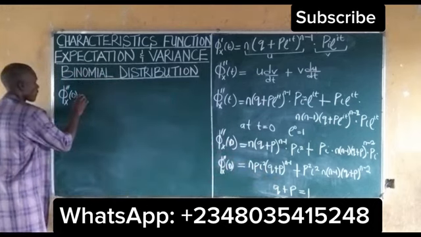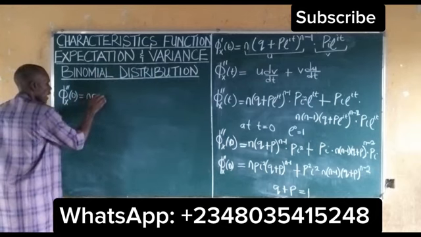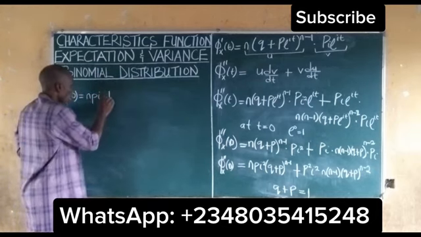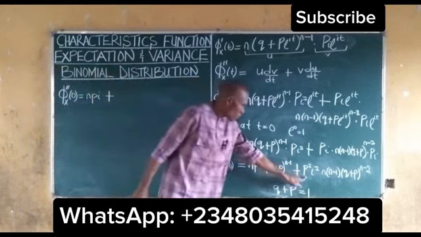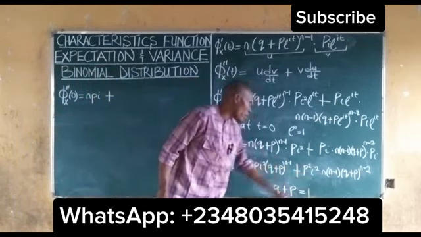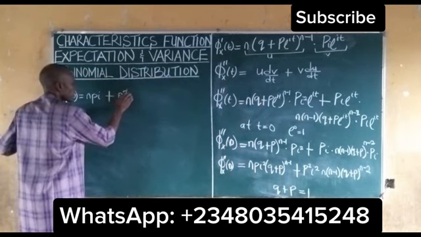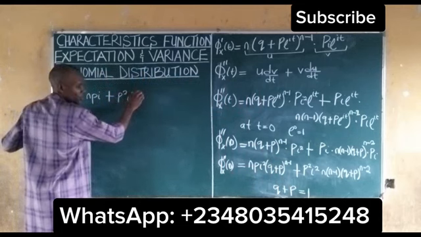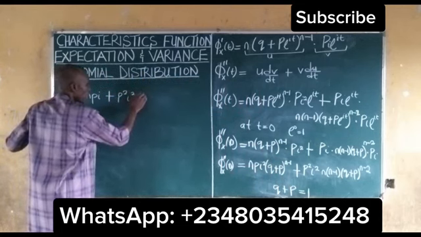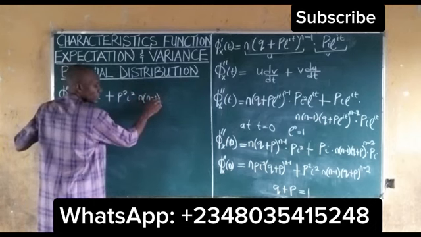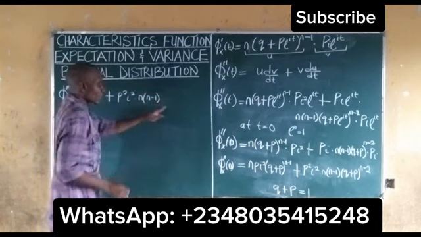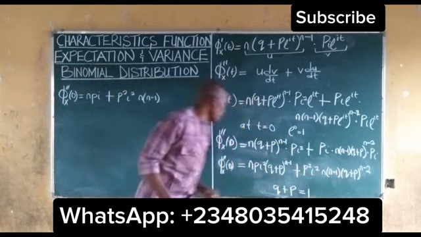So we have n p i squared plus p squared i squared multiplied by n into n minus 1, and the whole of this turns to 1.